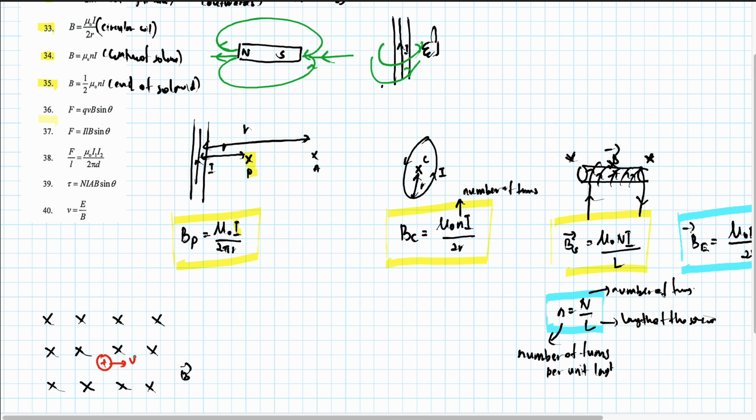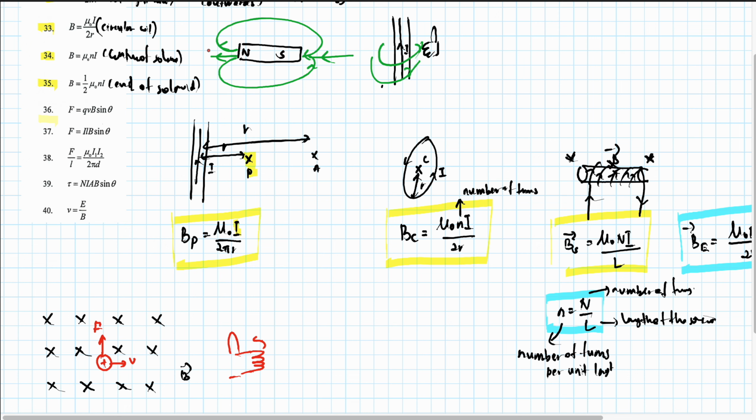So what happens is this positive charge akan experience force. So awak kena guna tangan awak untuk determine the direction of the force. Kita akan point our fingers to the direction of velocity dulu, and then magnetic field kita sekarang adalah masuk. So bila masuk kita akan curl our fingers, and then kita akan dapat our thumb pointing upwards. So maksudnya force yang dia akan experience adalah upwards.